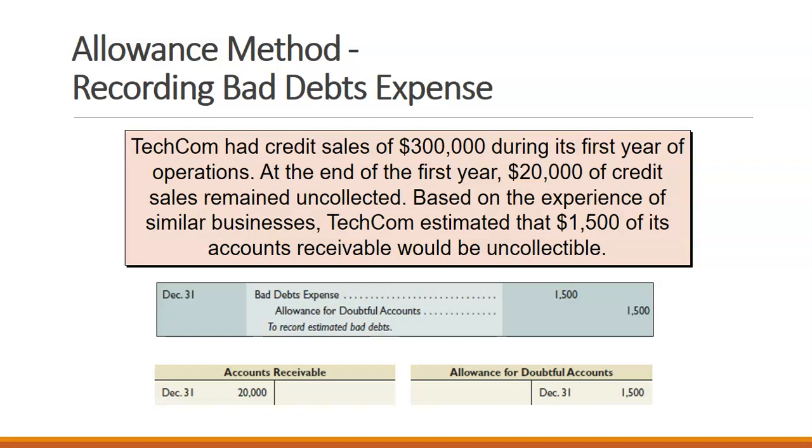Based on the experience of similar businesses, we estimate that $1,500 of our accounts receivable would be uncollectible. We then record a $1,500 bad debts expense, which shows up as an expense on our income statement, and then a $1,500 allowance for doubtful accounts. Allowance for doubtful accounts is a contra asset account that matches up with accounts receivable.